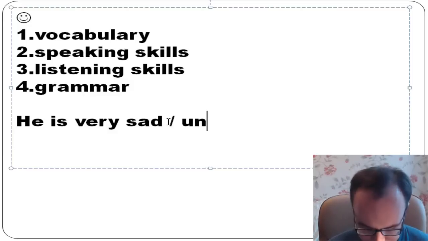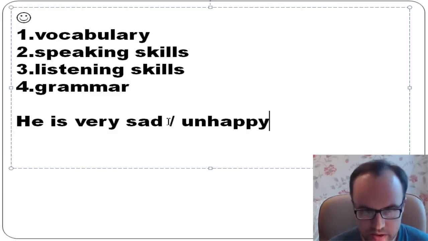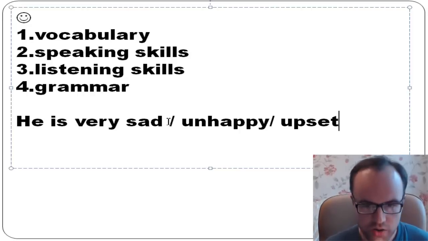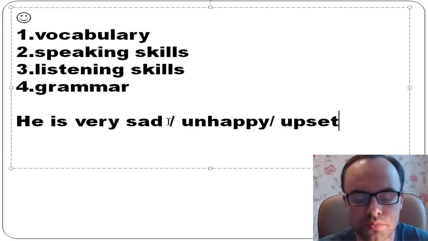He is very unhappy. What else? He's very upset. If you know lots of similar words, that's great. But actually, that's almost the same level, elementary, pre-intermediate. It has nothing to do with upper intermediate and advanced level.